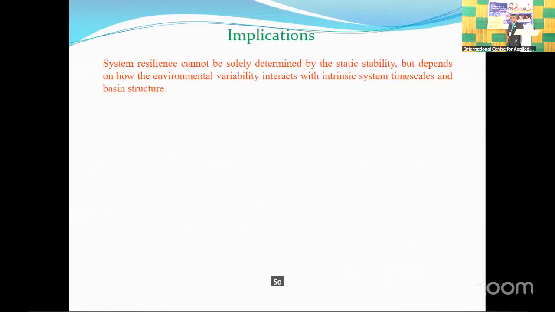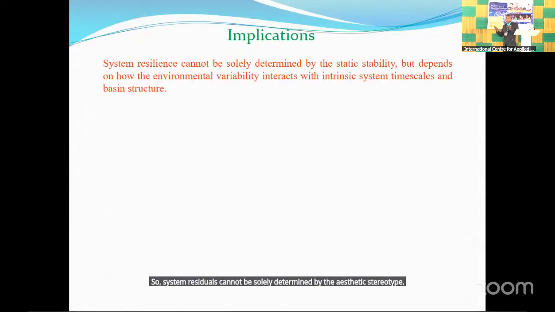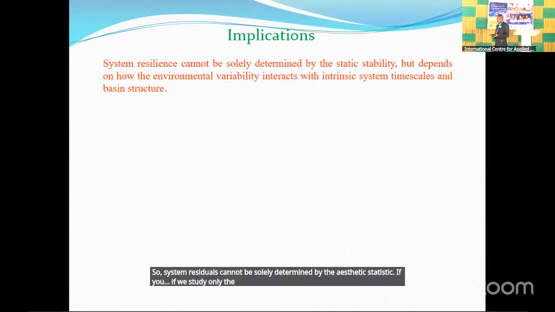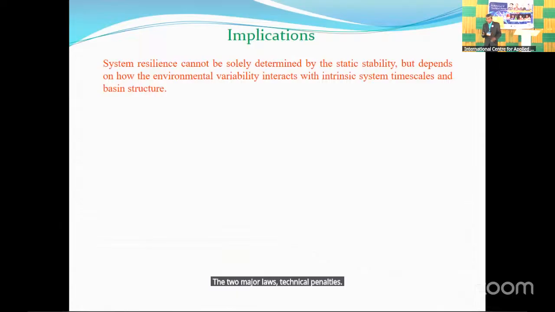So what are the implications of this study? System resilience cannot be solely determined by static stability. If you study only the autonomous system, you may lose the dynamics of the system. It depends on how the environmental variability interacts with the intrinsic system time scale and basin structure.